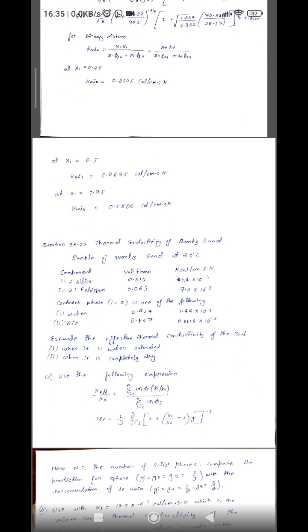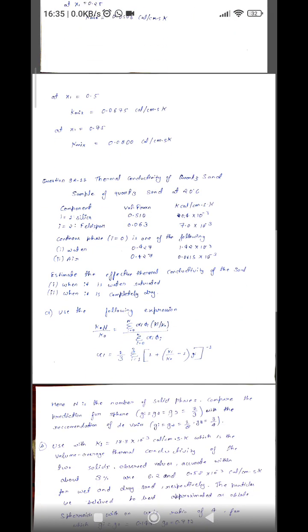Moving forward to the next question, which is also from the book by Bird and Stewart: thermal conductivity of quartz sand. A sample of quartz sand at 20 degrees Celsius is given.